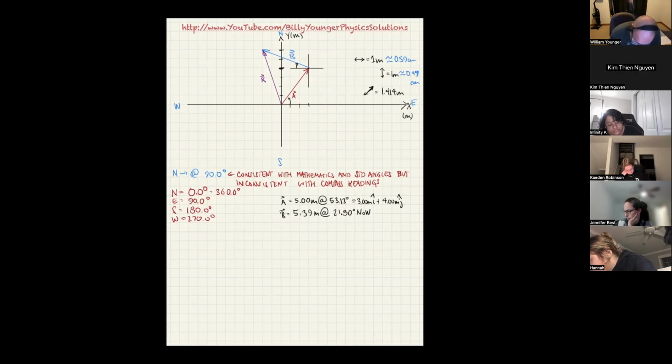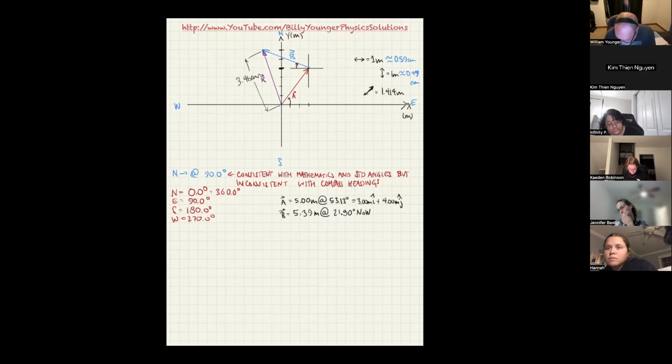So the length of R is about 3.46 centimeters from my rectangular measurements. So using my ruler, in other words, 3.46 centimeters. That's a bit of a problem because it's not the scale.